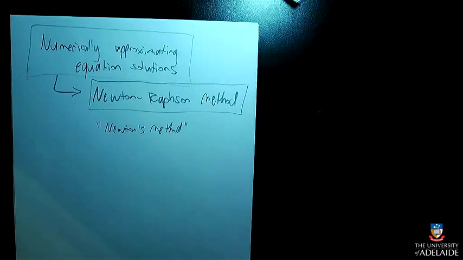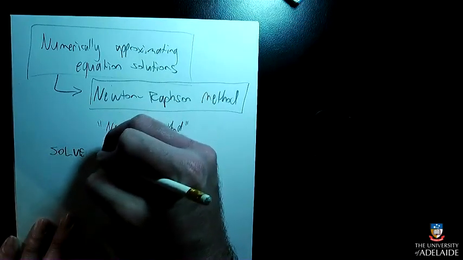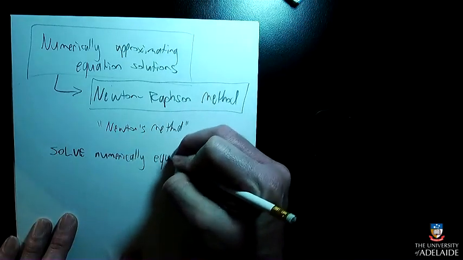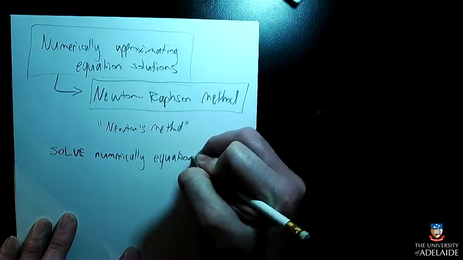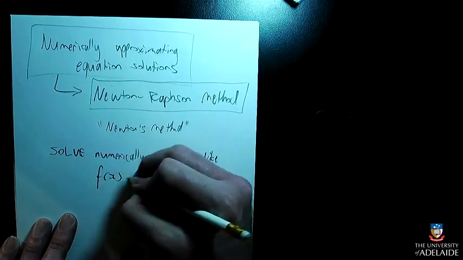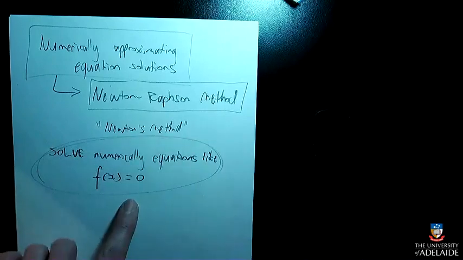So Newton's method is designed to solve equations, but it's only capable of solving equations of the form f of x equals 0.